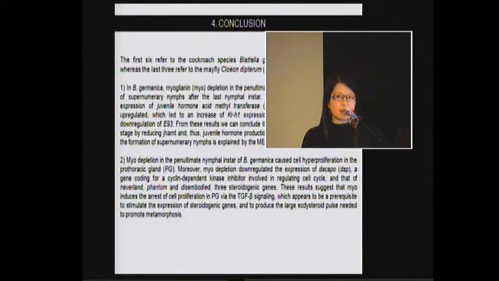These results suggest that myoclonine induced the arrest of cell proliferation in the prothoracic gland via the transforming growth factor beta signaling, which appears to be a prerequisite to stimulate the expression of steroidogenic genes and to produce a large ecdysteroid pulse needed to promote metamorphosis.